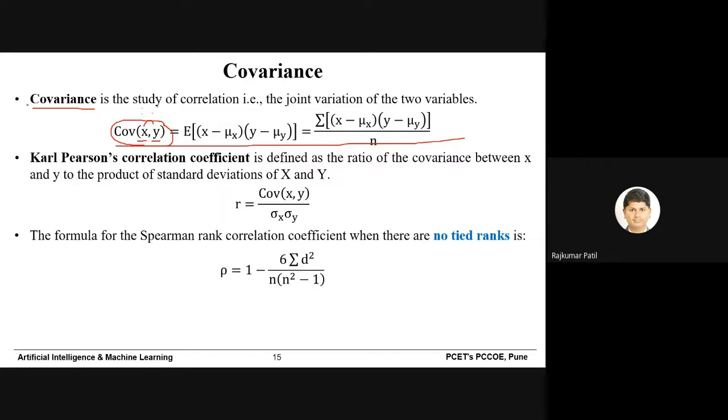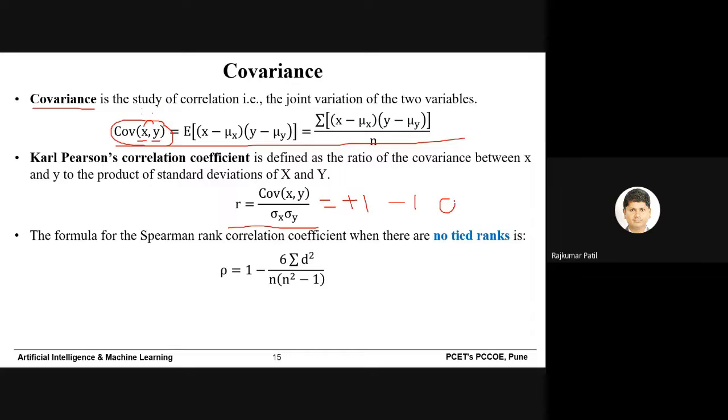Again, the extended version of the covariance is the correlation coefficient, and we use this particular formula, covariance xy divided by sigma x and sigma y, the standard deviations. Whatever answer comes, if it is close to +1, we say strong correlation. If it is close to -1, strong correlation.